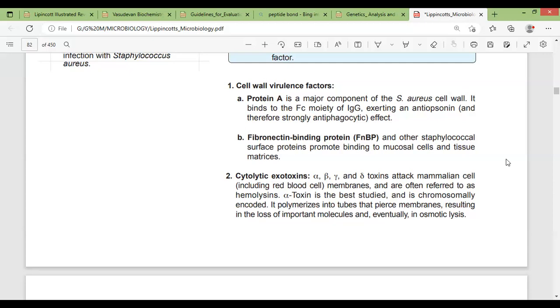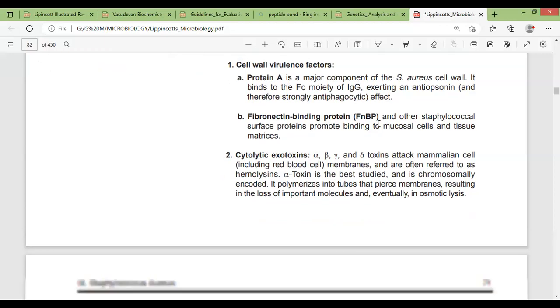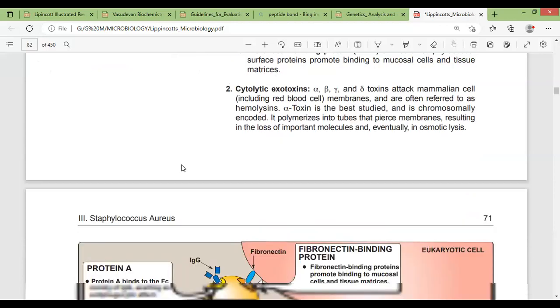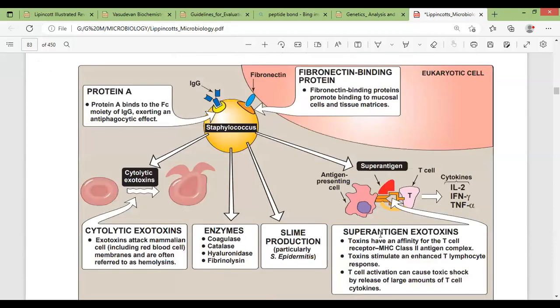This crystallizable portion is where that antibody will bind to something like a phagocyte, such as a neutrophil, causing phagocytosis. But if this protein A binds to the Fc portion, then phagocytosis doesn't take place. This fibronectin binding protein, all of these things.